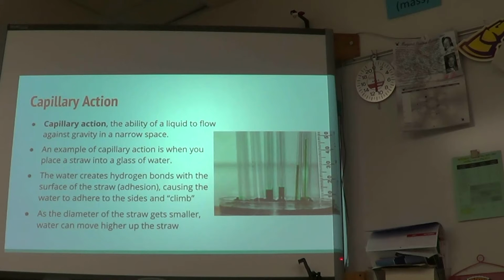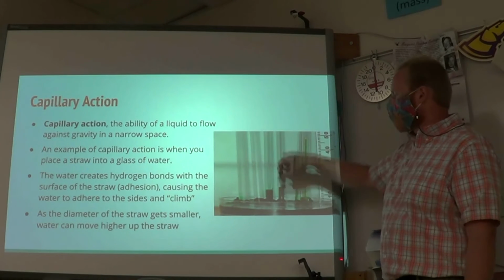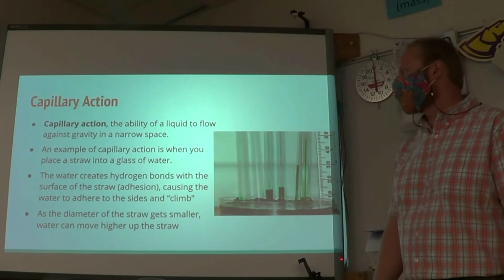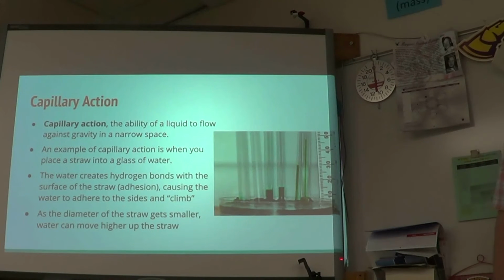Capillary action is a form of adhesion. Different size tubes will pull up different columns of water, different heights. And it has to do with the attraction, the adhesion, between water and the container. If you take a straw and dip it in your soda and pull it out, not putting your finger over the end, you get that little plug. That's capillary action. That's water being attracted to and pulled up the straw.